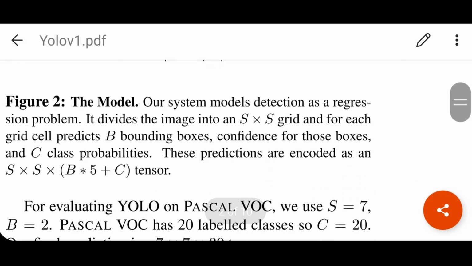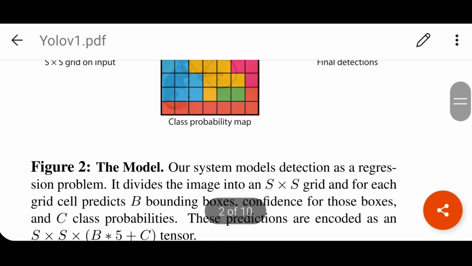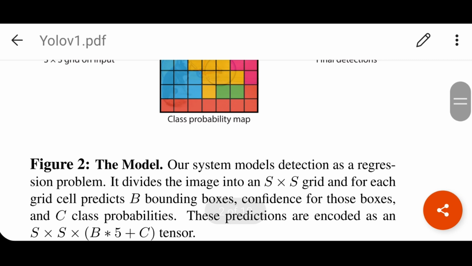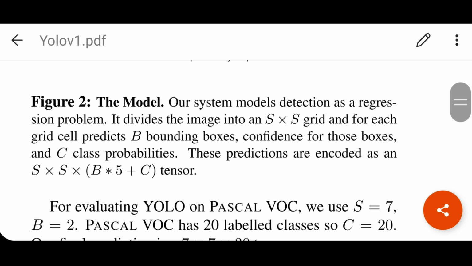Figure 1, model: our system models detection as a regression problem. It divides the image into an S by S grid. For each grid cell it predicts B bounding boxes, confidence for those boxes, and C class probabilities. It's kind of a vector containing C numbers.